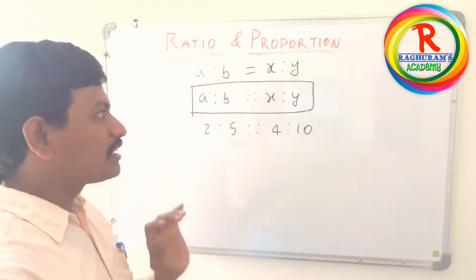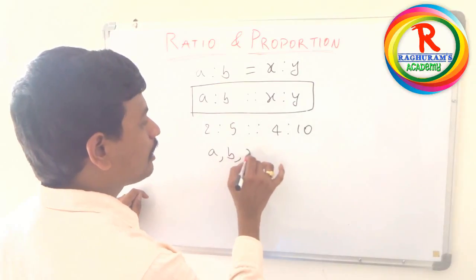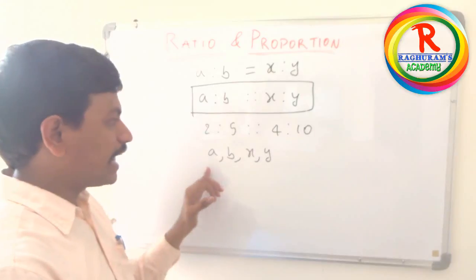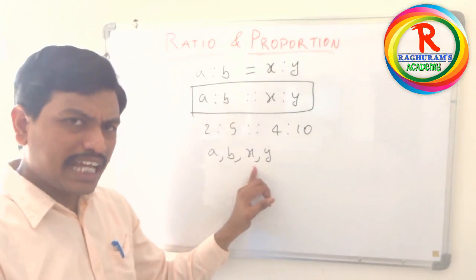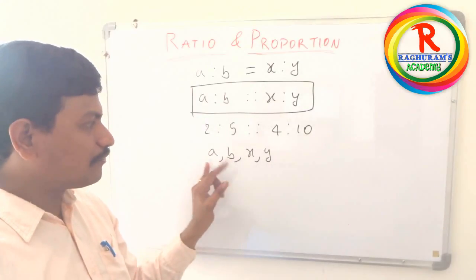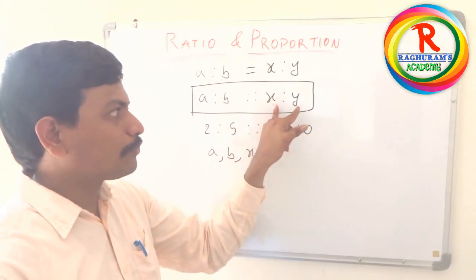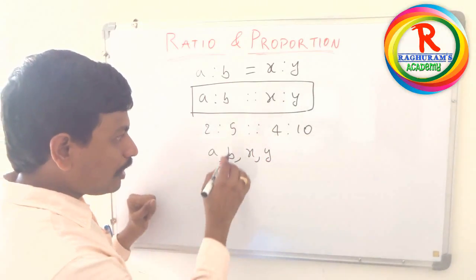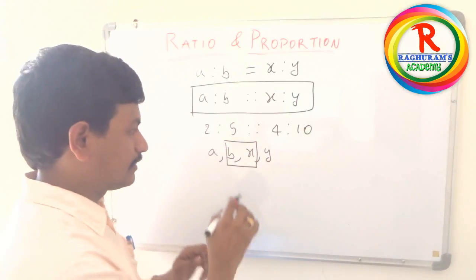Sometimes in the questions they say A, B, X, Y are in proportion. If they are in proportion, directly we can write A is to B same as X is to Y, the ratio of the first two terms is same as the third and fourth.